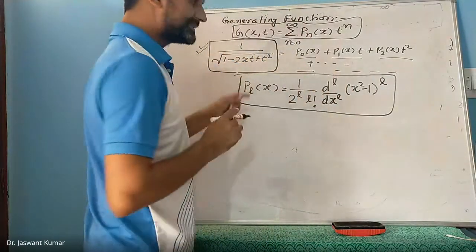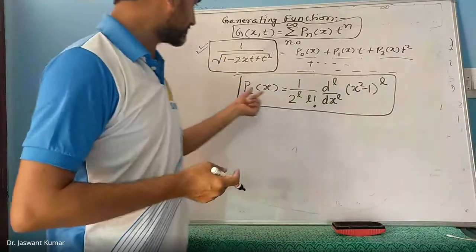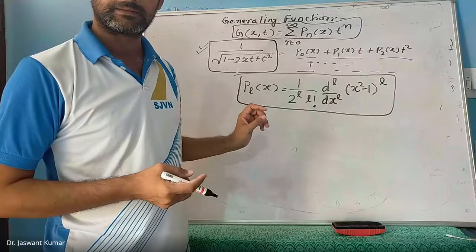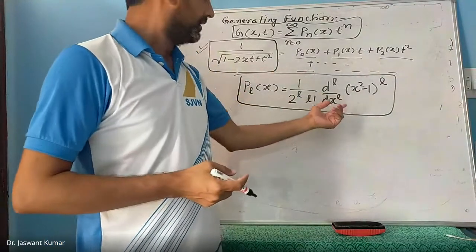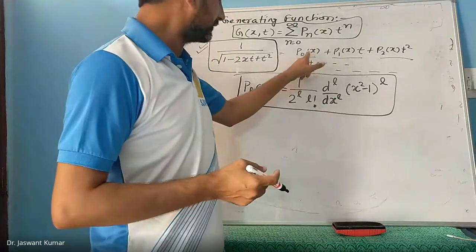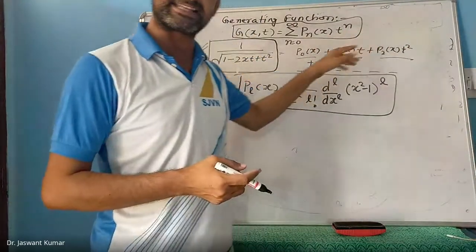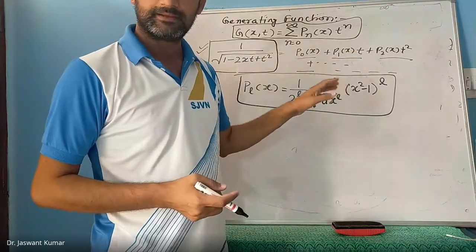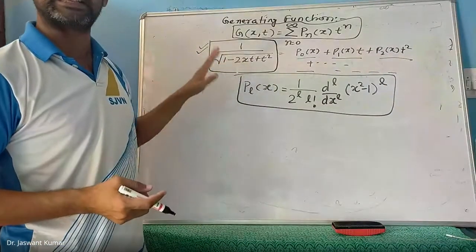How did Rodrigues come up with this (x squared minus 1) to start the derivation of P_L(x)? Once you know the general formula for this, you can put all those values in and it will be an infinite series which is a function of x and t. That infinite sum can be written as some function of x and t.